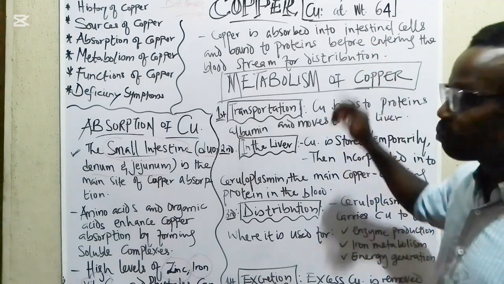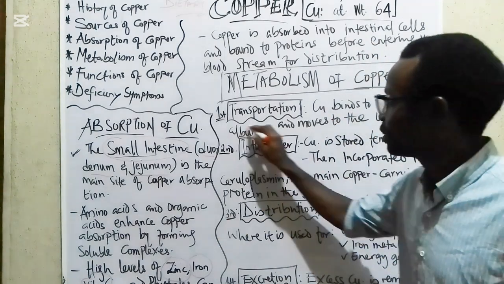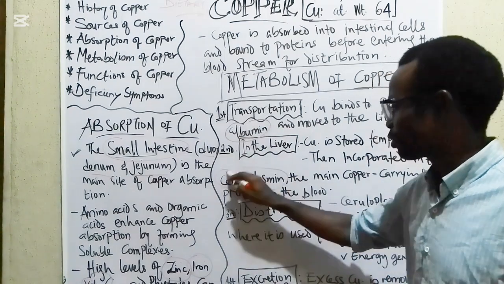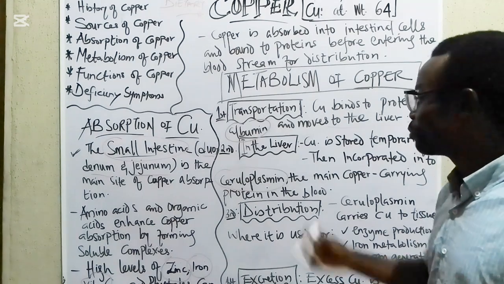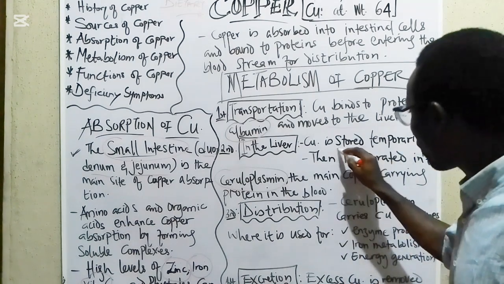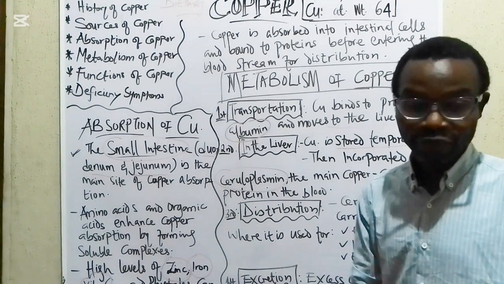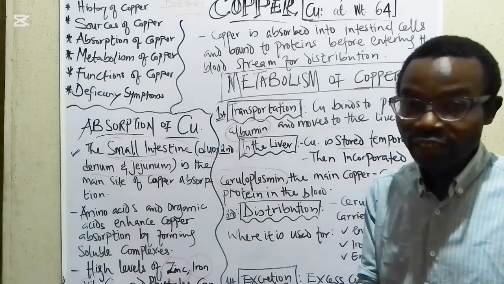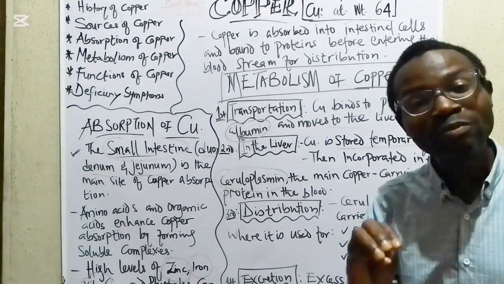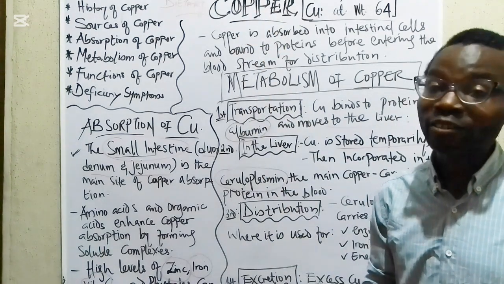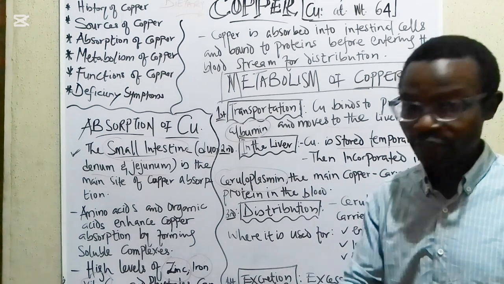Copper binds with certain proteins like albumin and ceruloplasmin, and they are moved to the liver. Now when they move to the liver, copper is then stored temporarily. I talked about it a few minutes ago, that good sources of certain minerals is the liver, because the liver acts as a store of many nutrients, including many minerals.